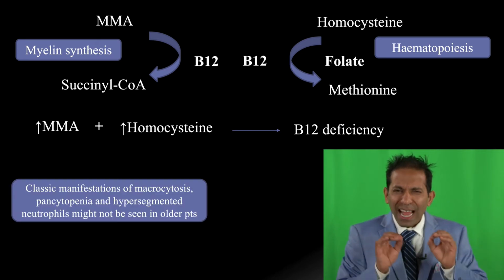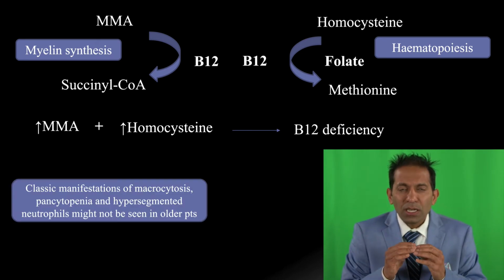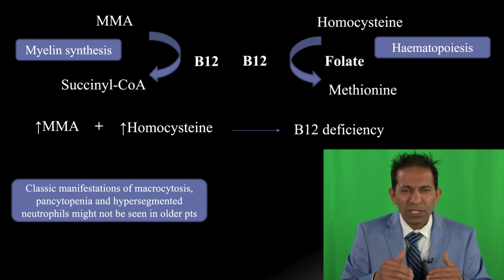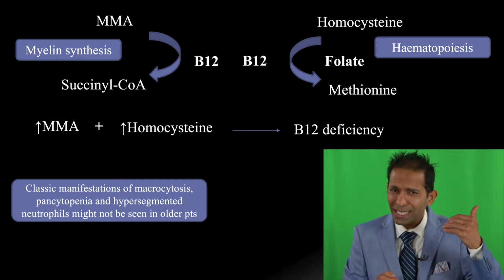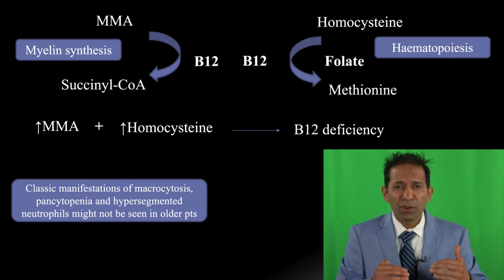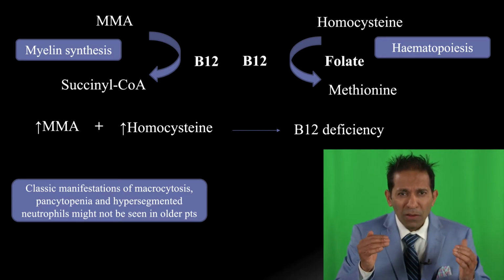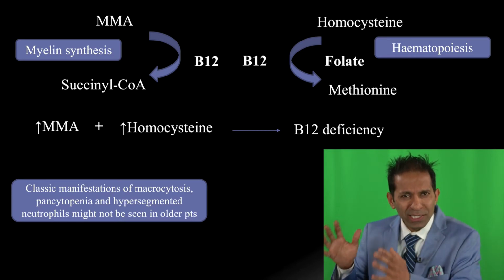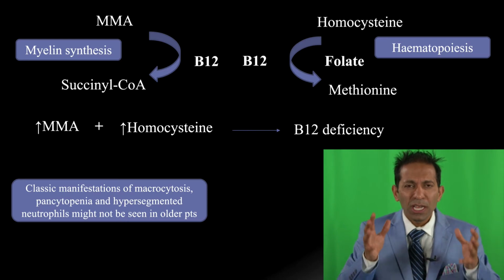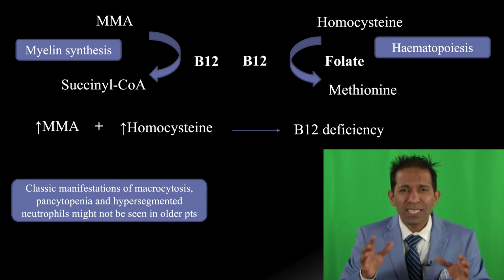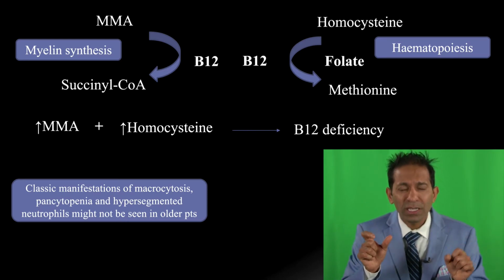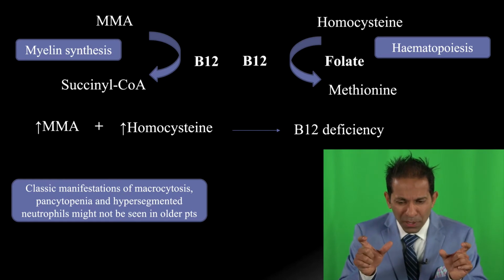Now our patient had slight macrocytic anemia. Patients with B12 deficiency who are older, more than 60 to 65, can have neuropsychiatric symptoms without megaloblastic anemia. So you might not see macrocytosis, hypersegmented neutrophils, or pancytopenia.